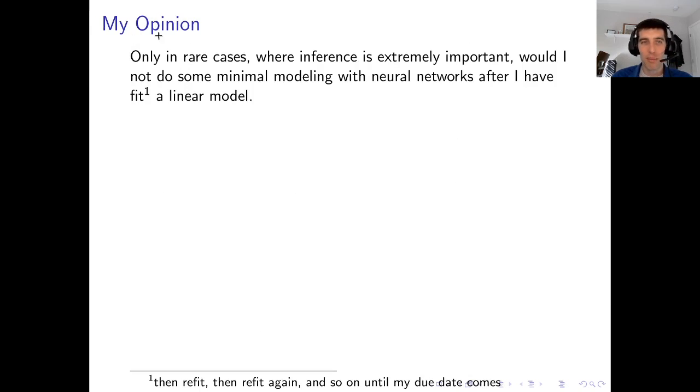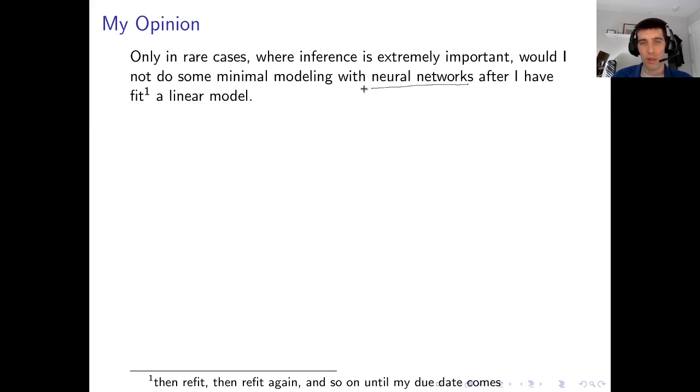I'll say my opinion here. Only in very rare cases would I not use a neural network. The reason is that when we're fitting linear models, it's hard to know when we're done. We're building a linear model, making a tweak, seeing if we have an improvement, and so forth.